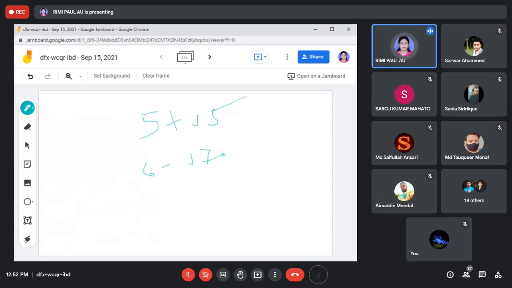So you can add or take difference easily. So it will be 11 minus J2, right? So you can easily do it. But in case of multiplication or division, in that case you have to convert it into polar form.